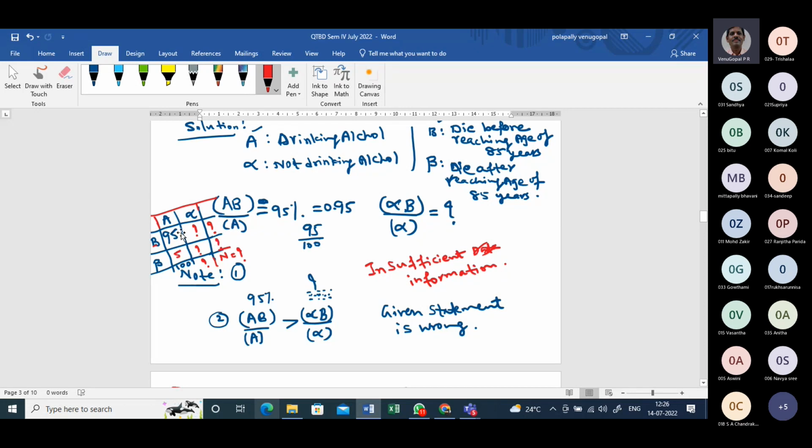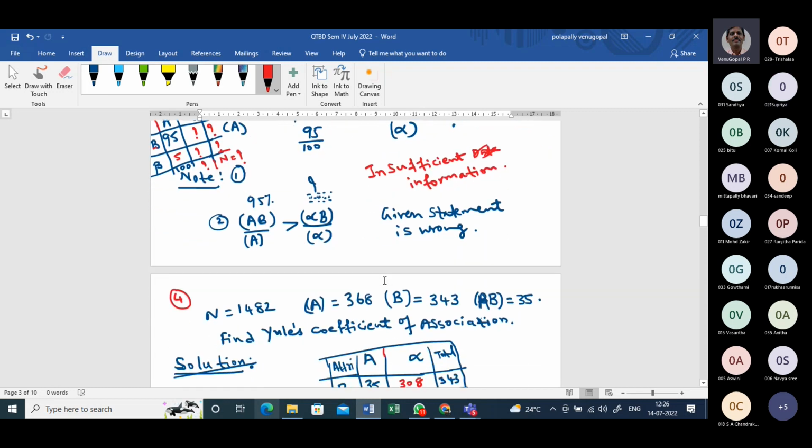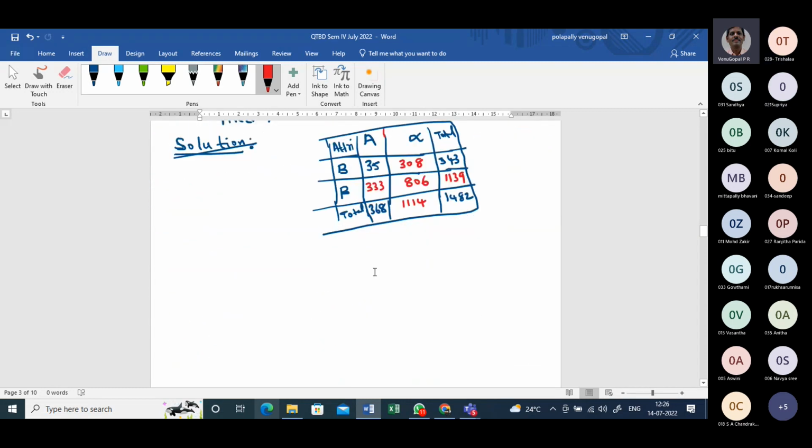Only the first column has information; second and third columns have no data. Therefore, I cannot proceed. Students, are you able to understand insufficient information? Yes, sir.